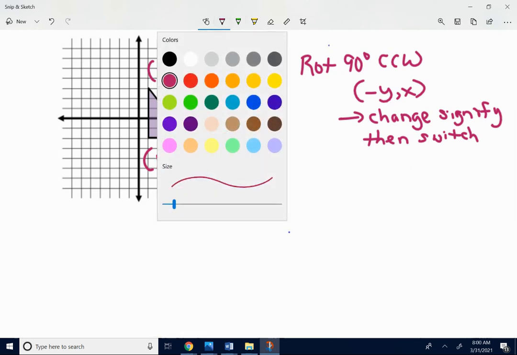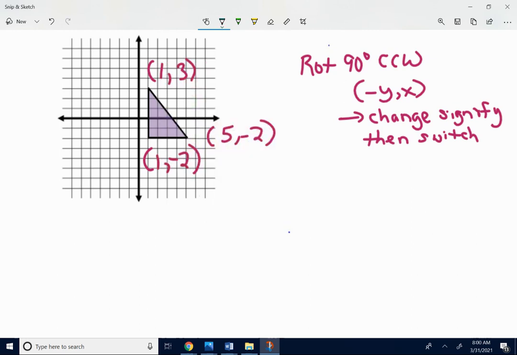Let me do this in green, a different color. I'm going to change the sign of my y coordinates, all 3 of them. That 3 becomes a negative 3. This negative 2 becomes a positive 2. And this negative 2 becomes a positive 2. So I changed the signs of my original y coordinates. Now I'm going to swap them.